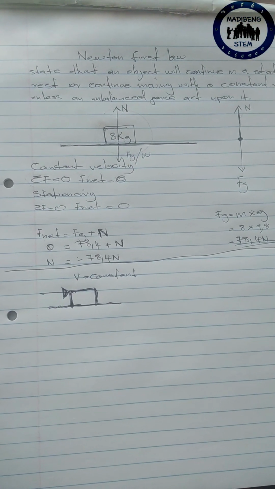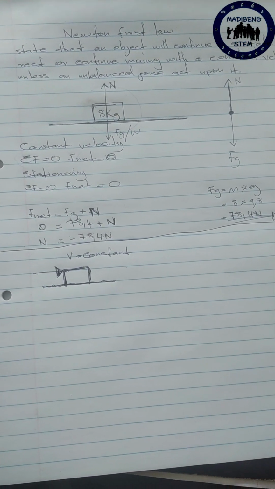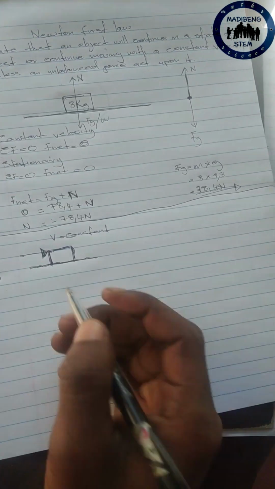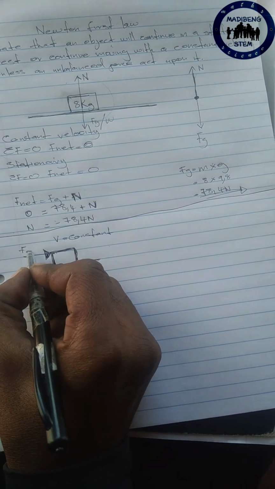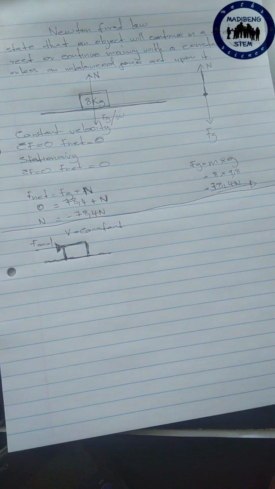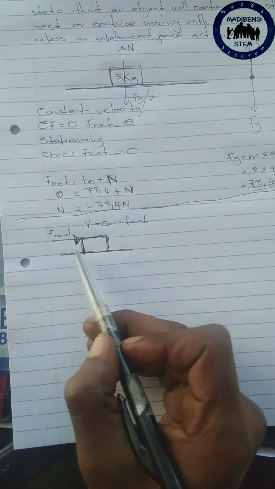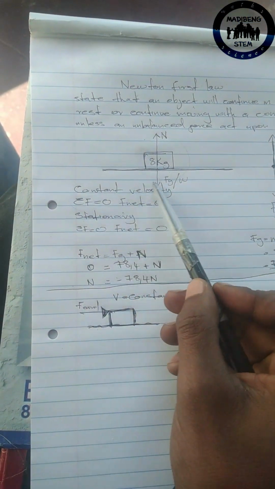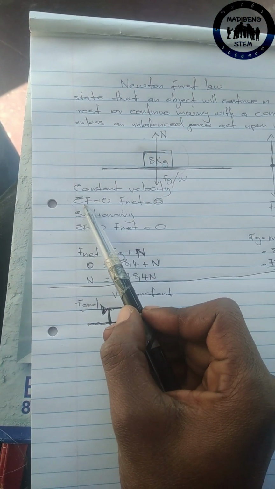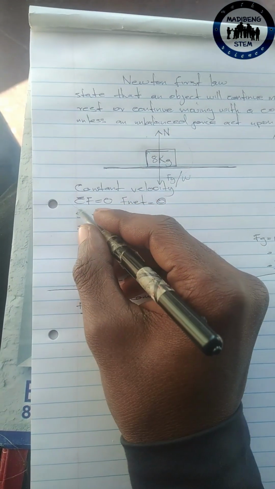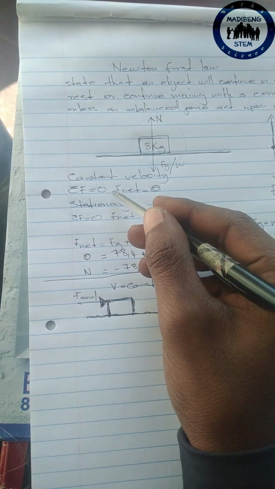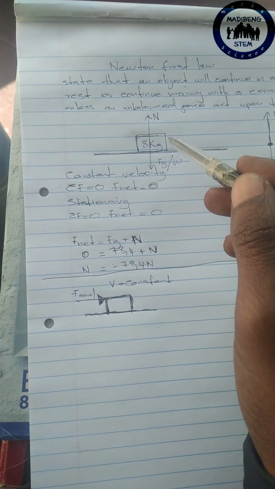Is the box in equilibrium? Remember here, constant velocity means equilibrium. When F net, or the sum of the forces, is 0, then this box is in equilibrium.